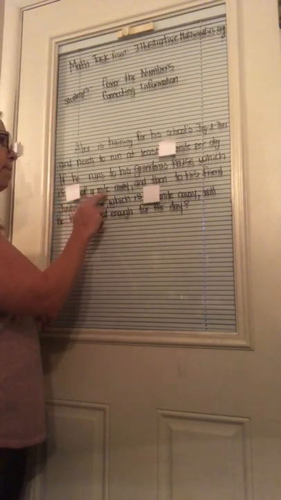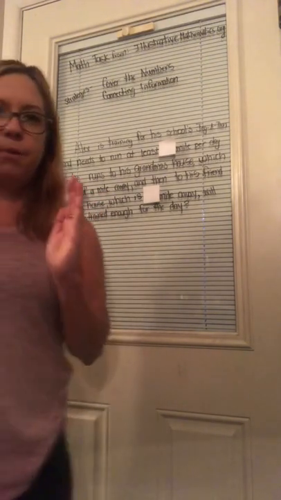If he says of a mile, so what would that mean, of a mile? It means we're taking a piece of a mile, a portion of a mile. How might we represent a portion of a whole? Good, fractions or decimals. Those are both different ways that we could represent it.